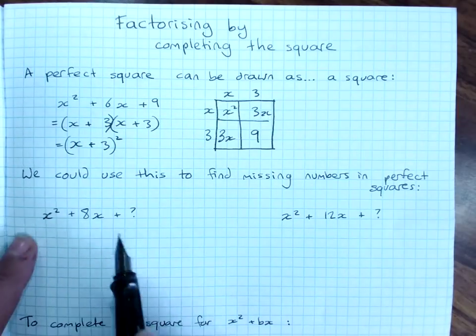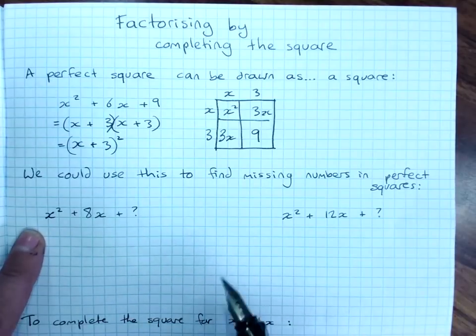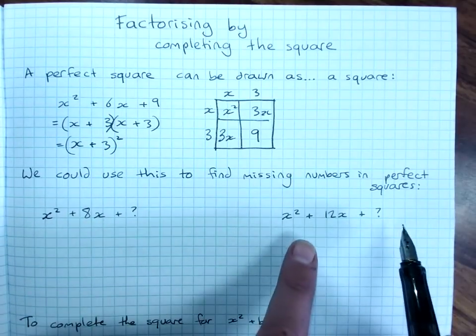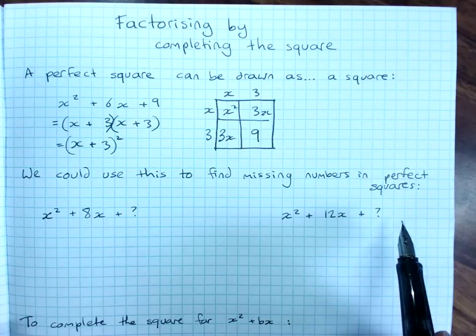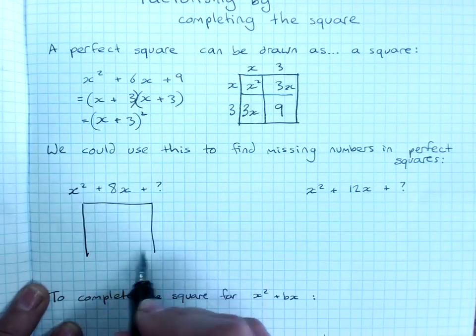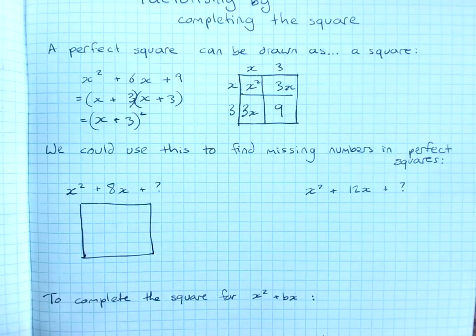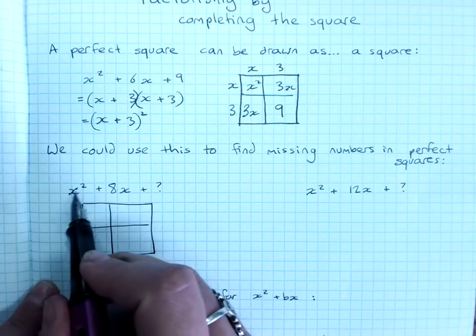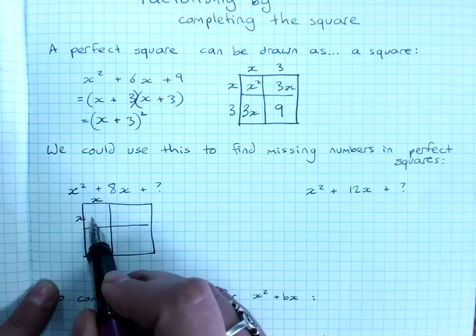Now we can use this to find missing numbers in perfect squares. If I told you that both of these expressions were perfect squares, we could draw a square, and I'd know that I'd have to have x on each side to get x squared.